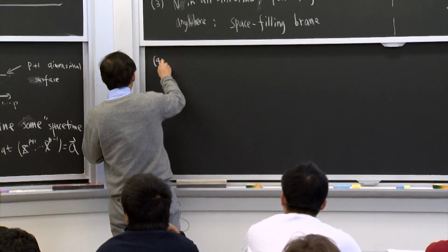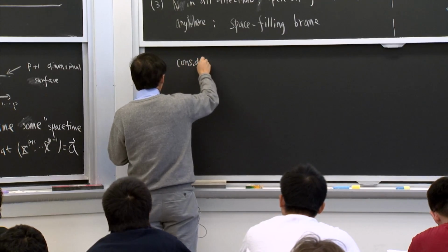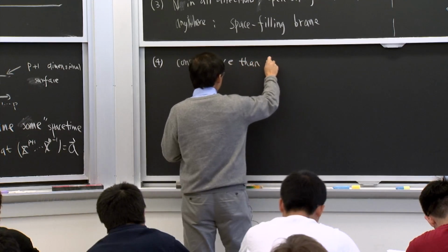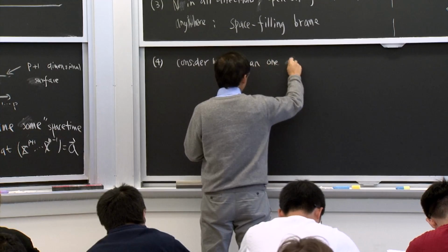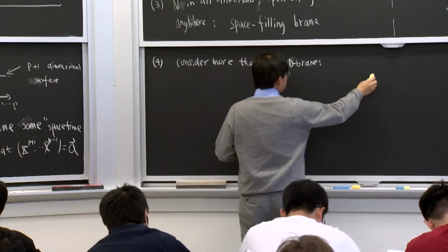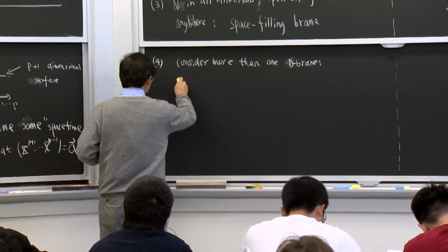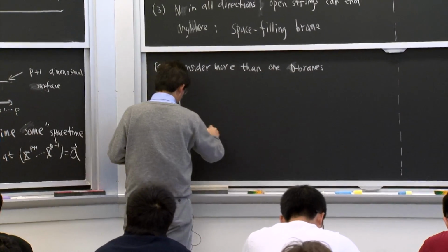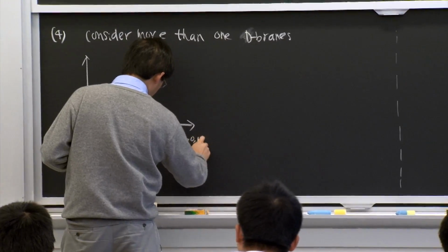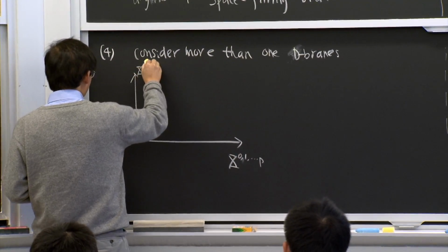So let's consider more than one brane. Okay. So let's consider the situation. We have 2 such Dp-branes. This direction is still x0, 1 to p, and then this is all the transverse, all the other directions.